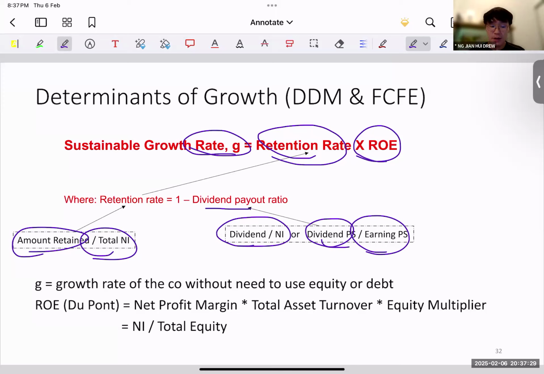Another important thing: in case they give you the decomposition of your ROE, or return on equity, you need to know how to compose it. Decomposition means they give you the equity multiplier, total asset turnover and net profit margin. You need to know that multiplying these three factors together gives you your ROE.